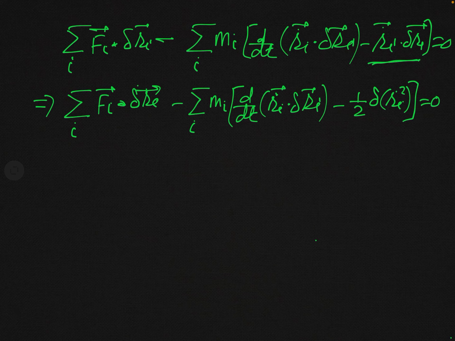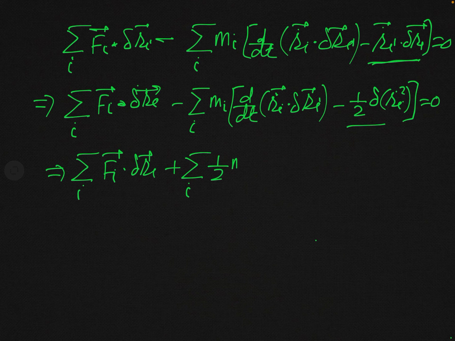You can write it. Now see here, we can write this equation as summation over i Fi dot delta ri, and let us combine this term to the last term here, and this will be plus summation over i half mi delta ri dot square, and take this term in RHS.